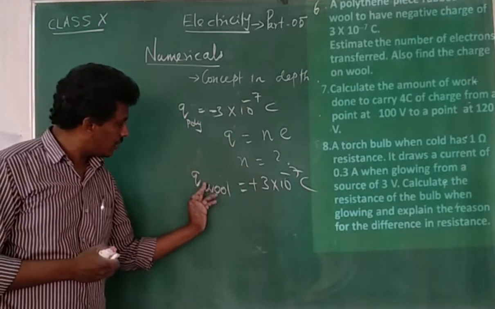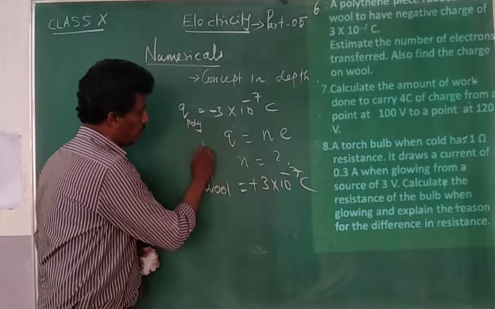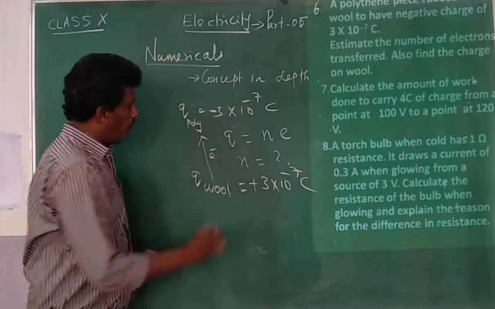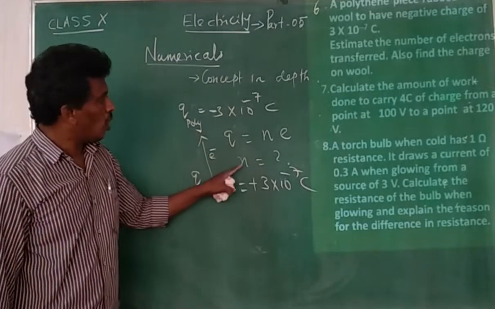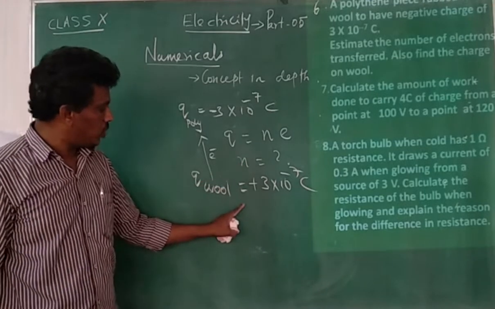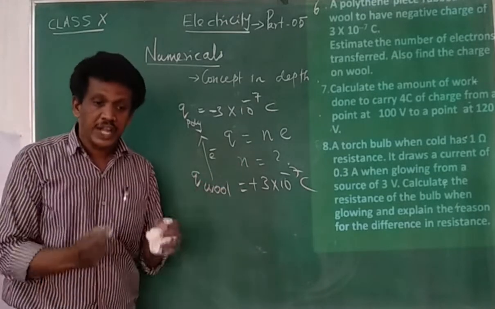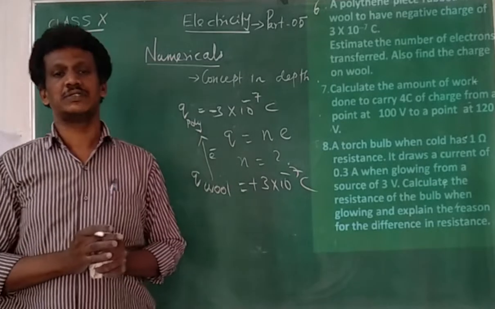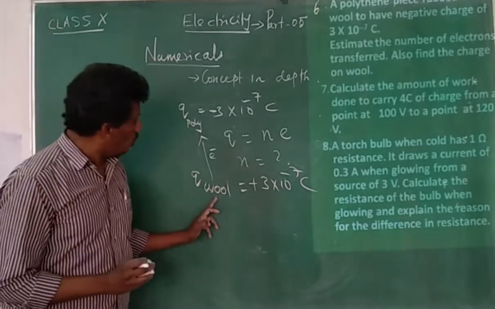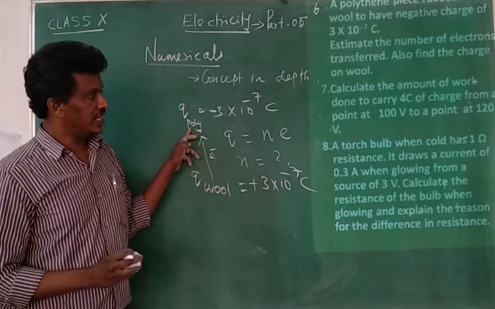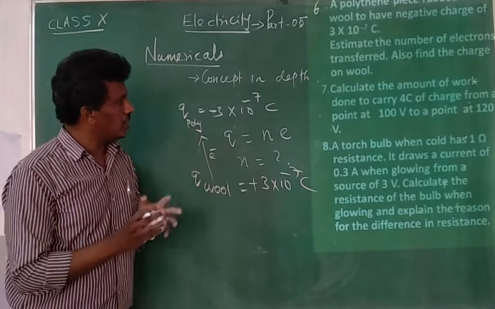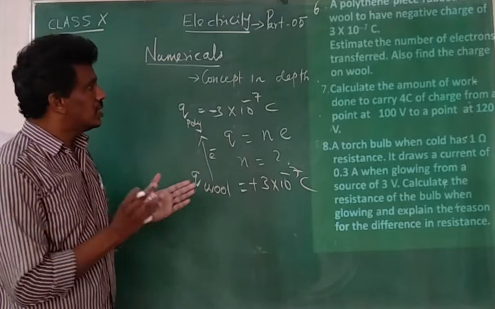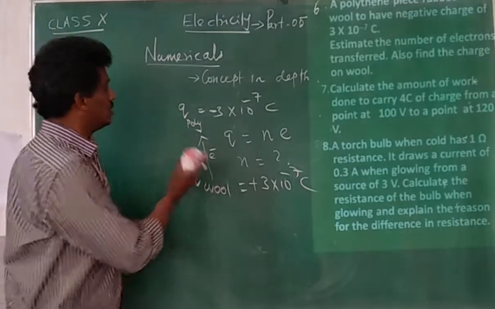So automatically the electrons are transferred from wool to polythene. You got the number of electrons transferred and you got the charge. The additional point I discussed is from where the electrons are transferred: from wool to polythene. I think the concept is very clear to you, how to use the frictional electricity concept.